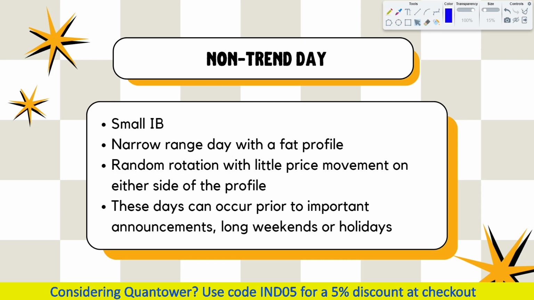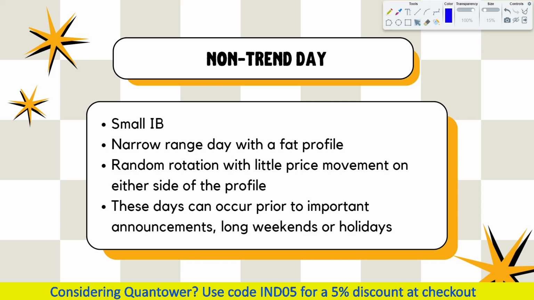In that situation, they don't want to take much risk, so that's the reason they don't take any actions just 1 day or 2 days before that. So as a result, it will trade in a very small narrow range. Okay, so non-trend days usually we see before these events.